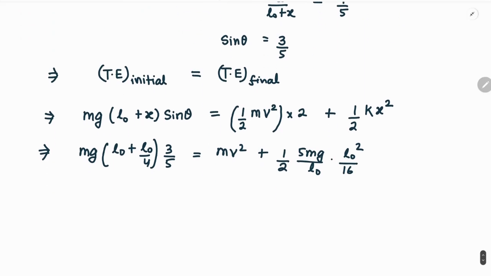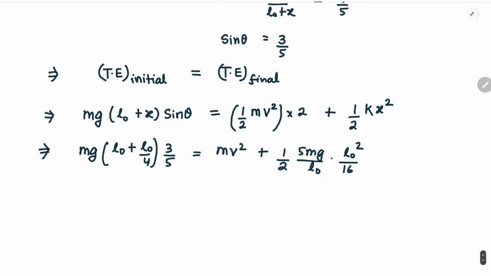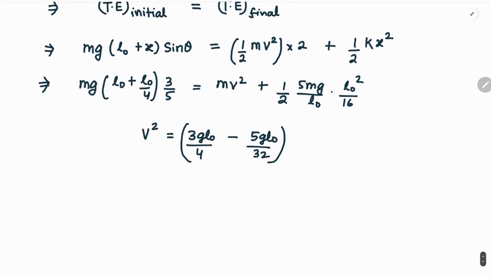So this is the expression from which we need to solve for velocity, and on solving we obtain v square equals 3g L0 by 4 minus 5g L0 by 32. Now if we substitute the values, we obtain v equals square root of 19 by 32 g L0.